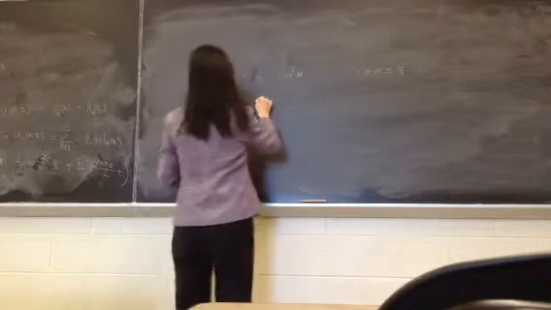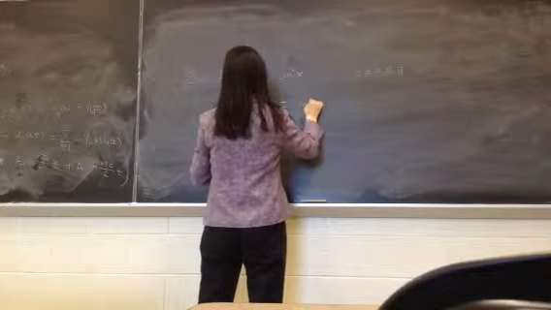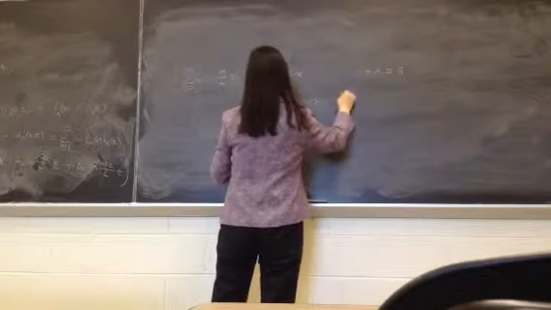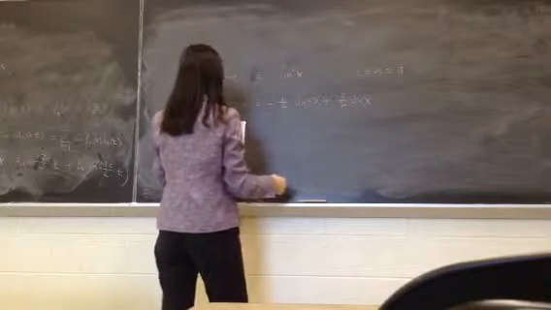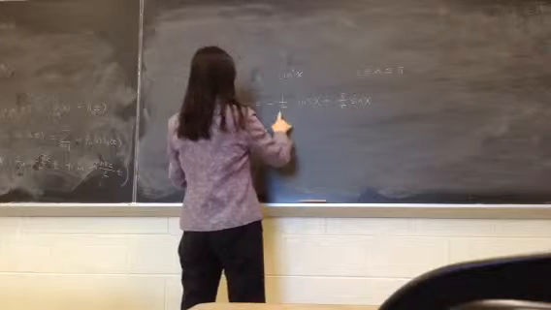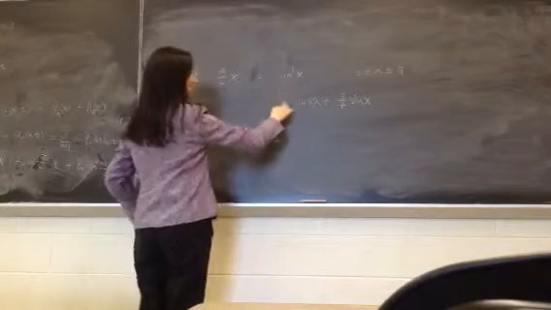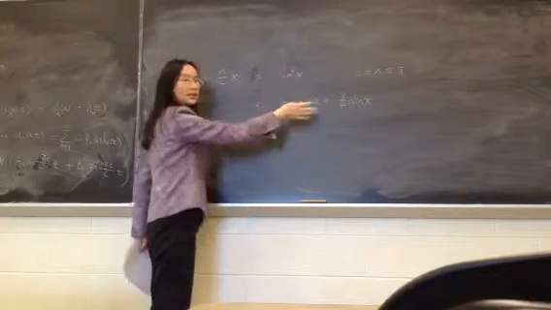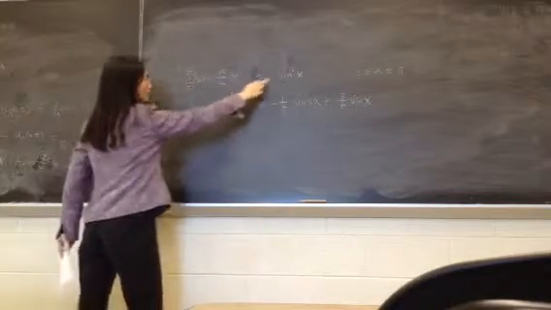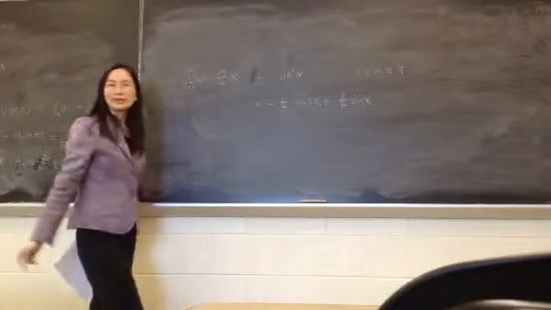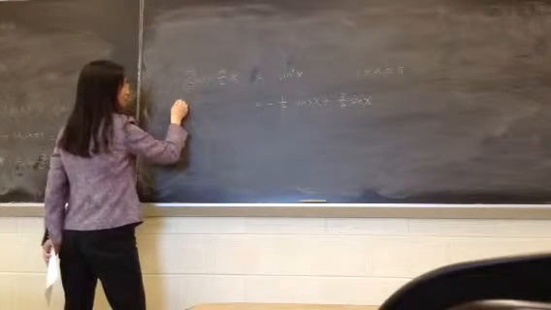This is actually 1/4 sine 3x, 3/4 sine x. After you do the product to sum or power reduction formula, it can be written as this using trigonometric identities. So this is that. This one we keep.